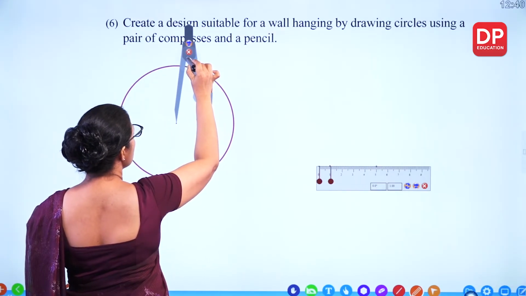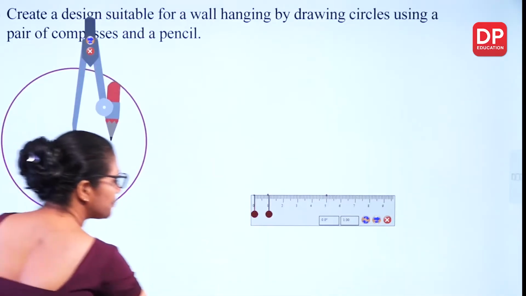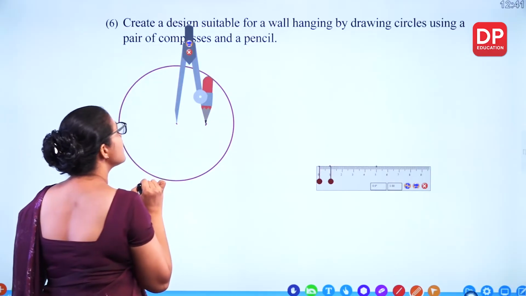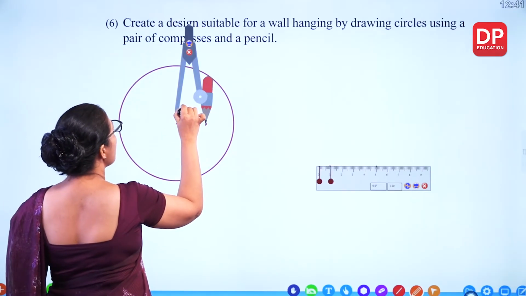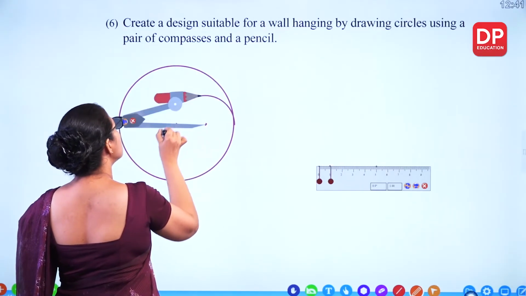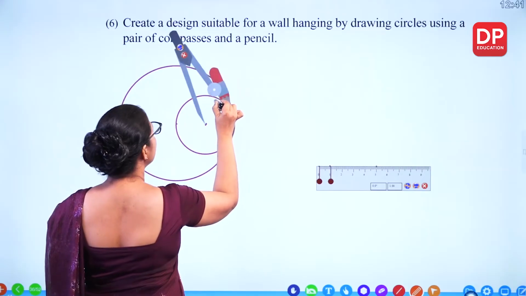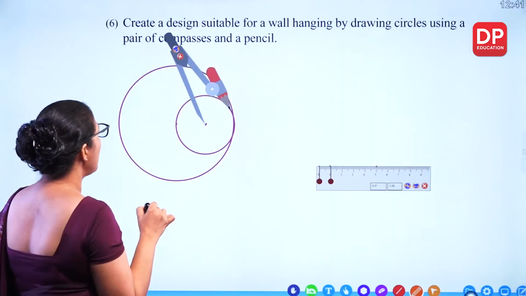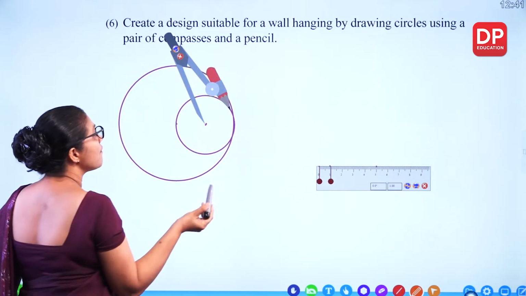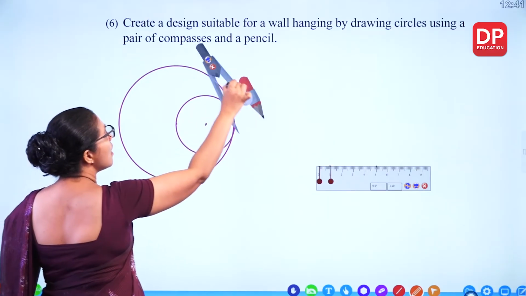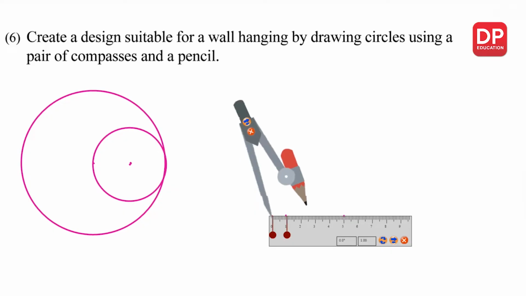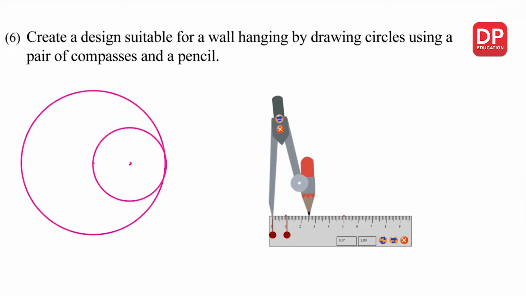So I'll just put a mark here so that I know that half of this is here. Now I can keep this one here and draw a circle here. And I want to again take now 2.5 half. 2.5 half is 1.25.